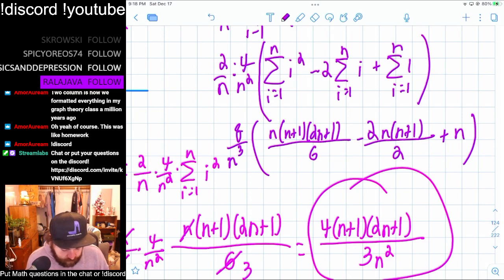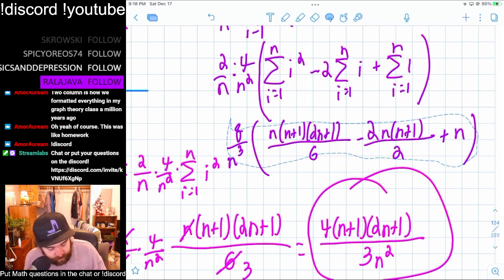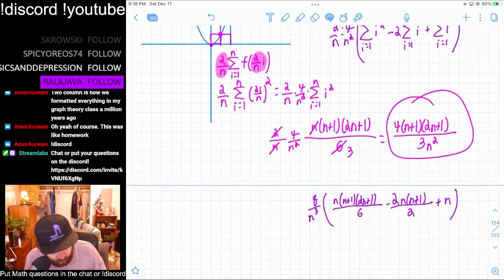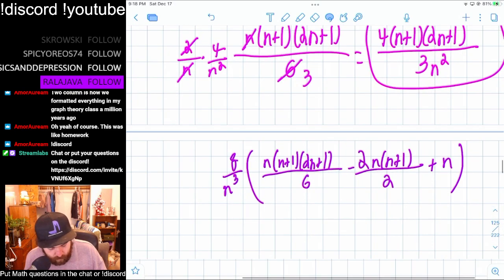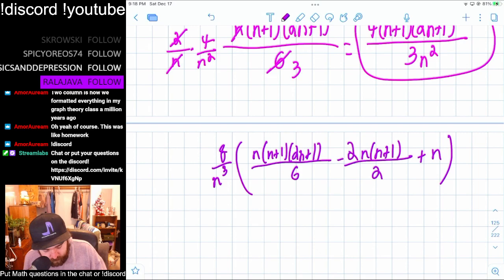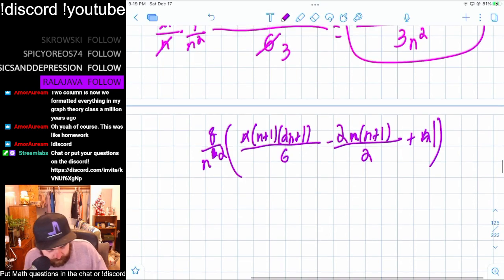Lovely. That's it, I just have to simplify that. That would involve one fraction on the inside, ideally, which would also involve canceling out n from all of these and then finding a common denominator.